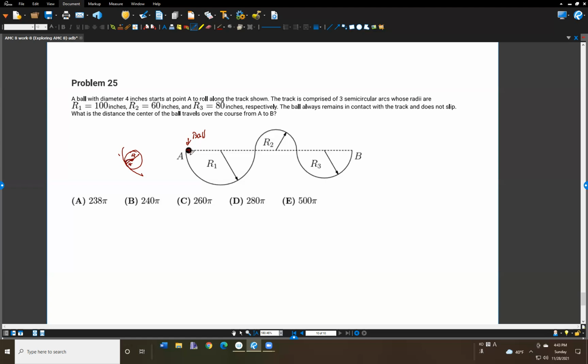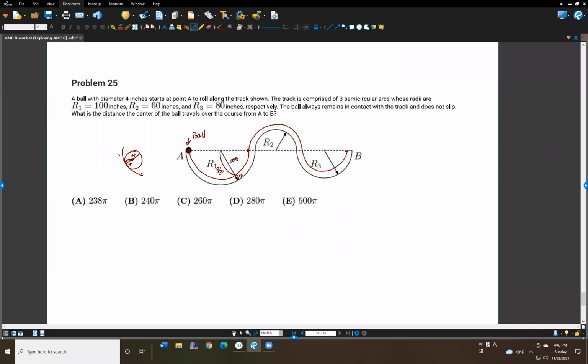So this center moves this way. Here, here, keep going, here. Now we're gonna find the length of this red arc. Not separate from here to here. Total R1 is 100. We take off 4. This radius is now 96.